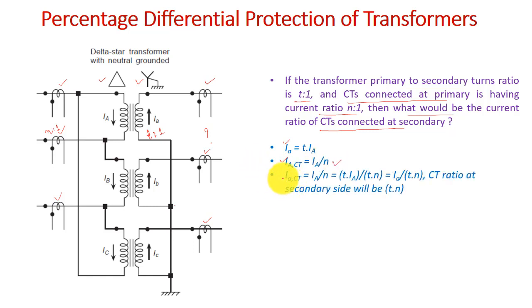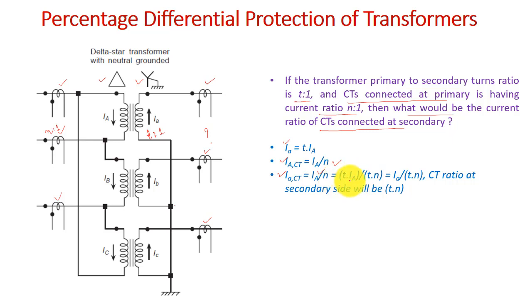And the CT secondary current at the secondary side should be equal to IA by N, so that your spill current will be 0, right. So I can write this under normal operating condition.